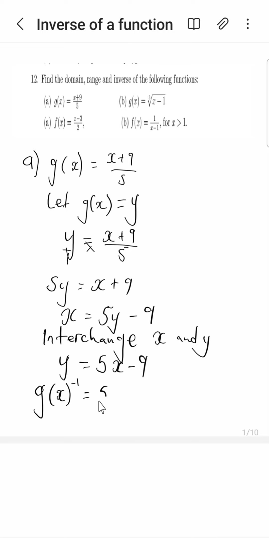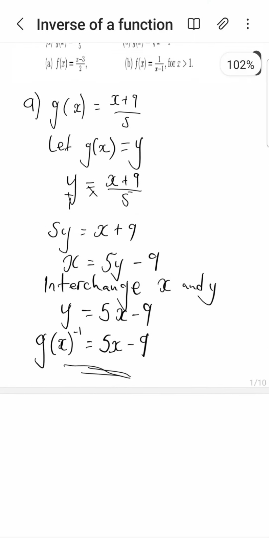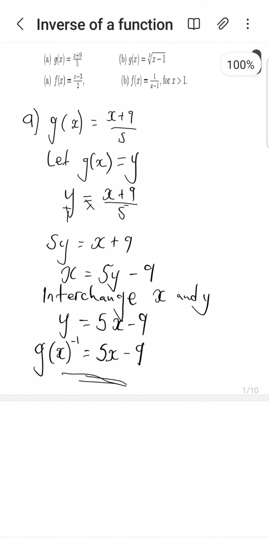So you say 5x minus 9, and you found the inverse of this. Okay, we move on to B. We'll do all these four examples so that the concept can sink into our cerebral cortex.